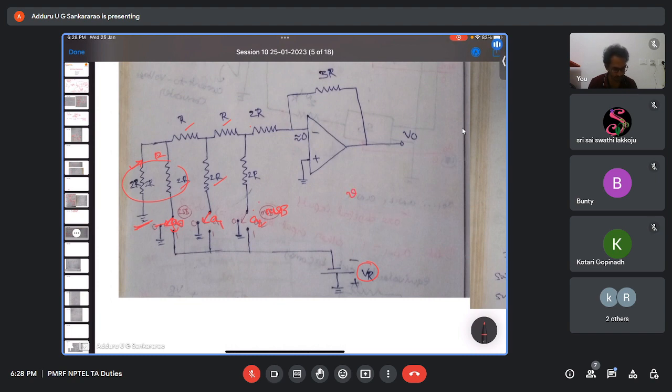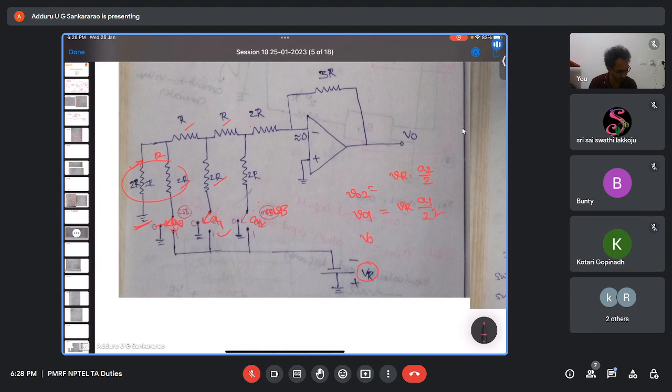So for the MSB, let us say V02, what I get is VR into A2 by 2. A2 is 1 or 0 based on that. Similarly, V01, for the next bit A1, what you get is VR into A1 by 2 square.